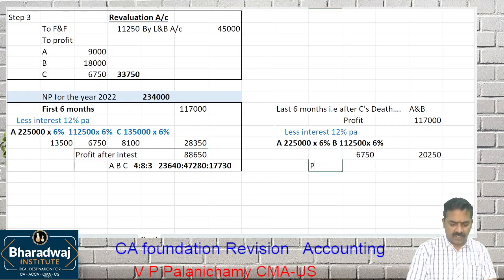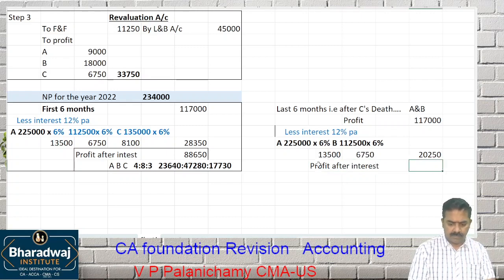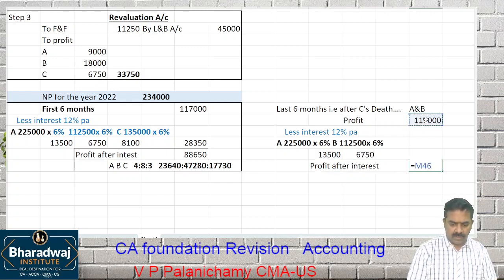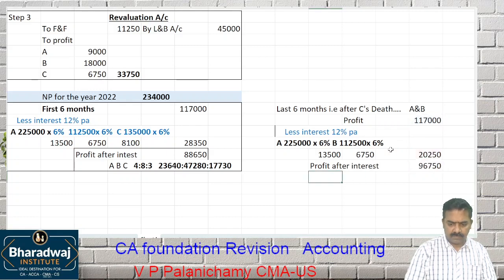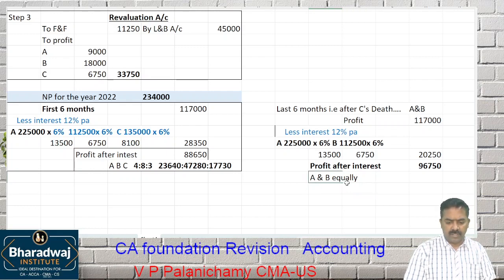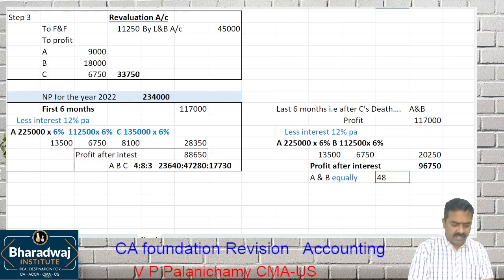So what is the profit after interest? 1,17,000 minus this one. This will be shared by whom? A and B equally. The new ratio is an equal ratio, clearly mentioned in the question. 48,375 to 48,375.